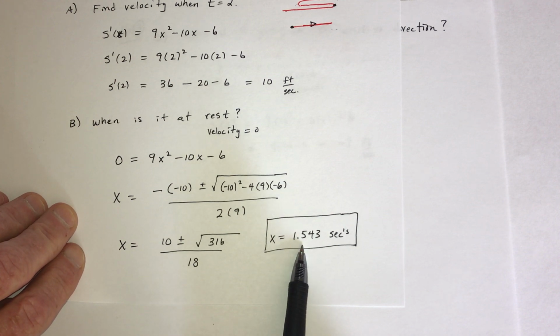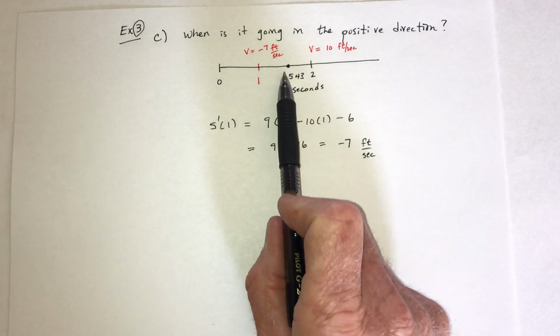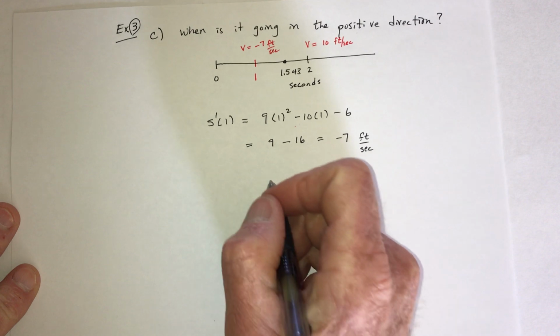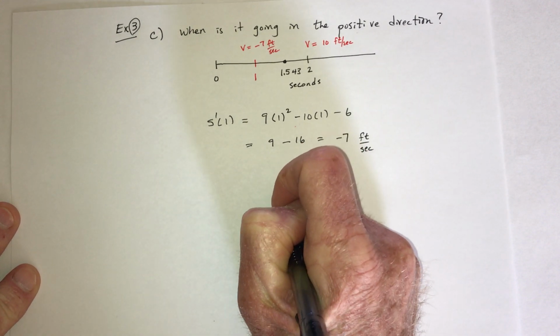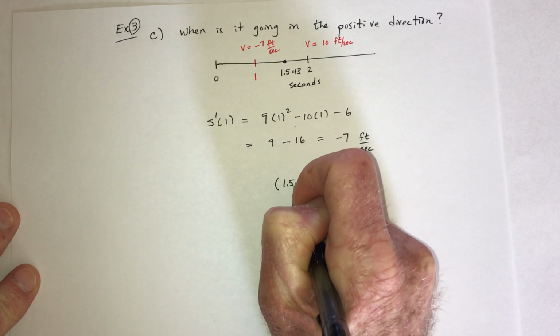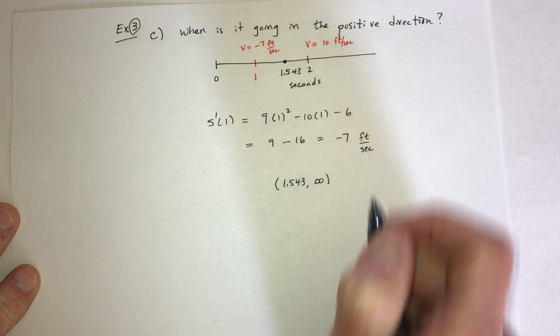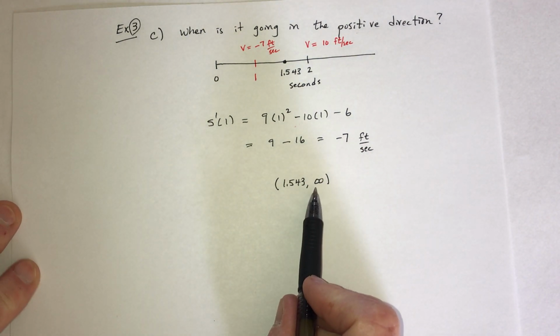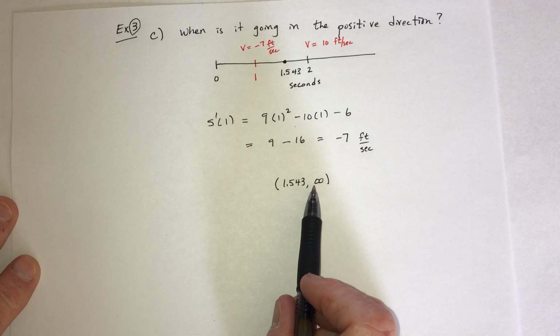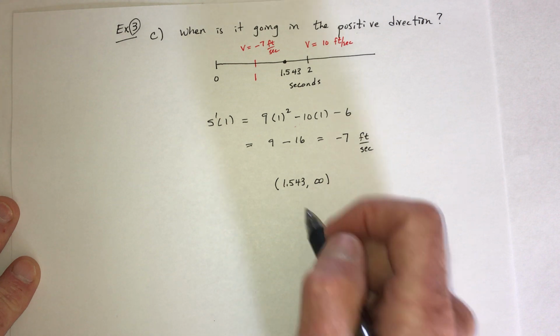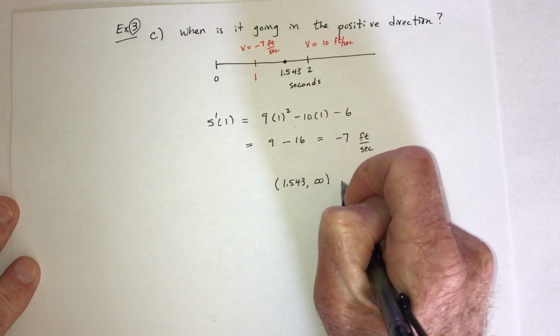So this is the only time when it turned itself around. So that means that this to the right is when it's the positive direction. So then my answer would be from 1.543 to forever. I don't know how long this is going to run, for 2 minutes or 20 years, but from 1.53 seconds on, that's when it's going in the positive direction.